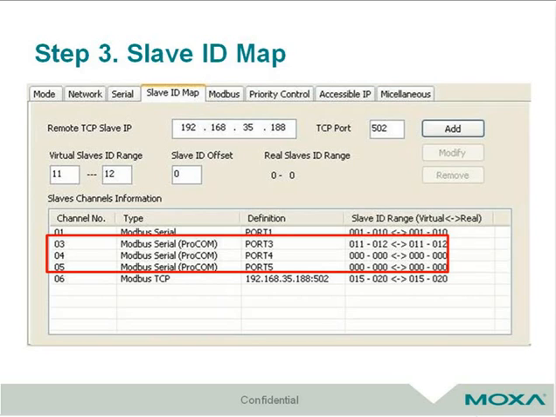In contrast, we can see a Modbus TCP device at an IP and TCP port on channel 6 as a TCP slave. Ports 3 to 5 are configured as Modbus slave mode, so we can configure a slave ID for them.